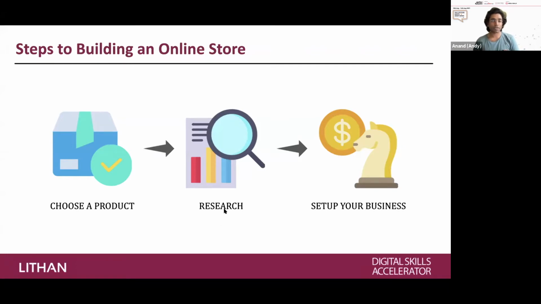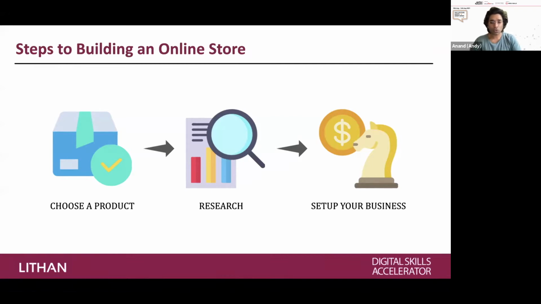So you just want to find out what is a hot selling product that is moving quickly and moving fast in the market space. So you do some research there, and then based on the data information that you've gathered, you choose a product. So we can do that way as well. So it really depends on where you are in your journey. But these are generally the steps to launch an e-commerce store.